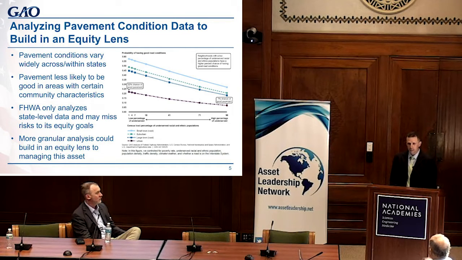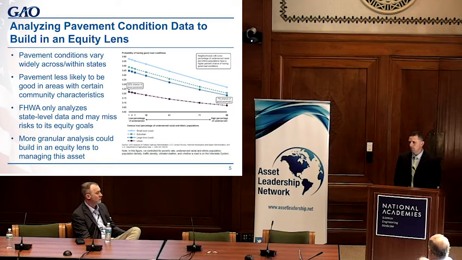And so we developed a statistical model to look at, well, what about below the statewide level? Are the road conditions consistent across these states, or are we finding areas of concentrated poor pavement? And what we did find is, yes, there are within states areas where there are particularly poor pavement conditions.